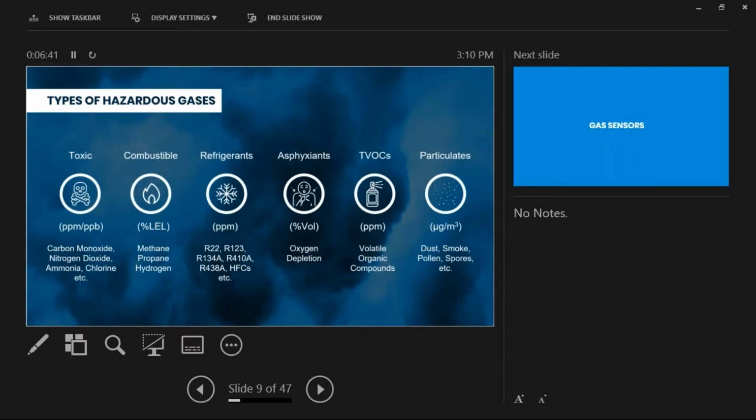And then, of course, there's particulates, which are measured in micrograms per cubic meter.